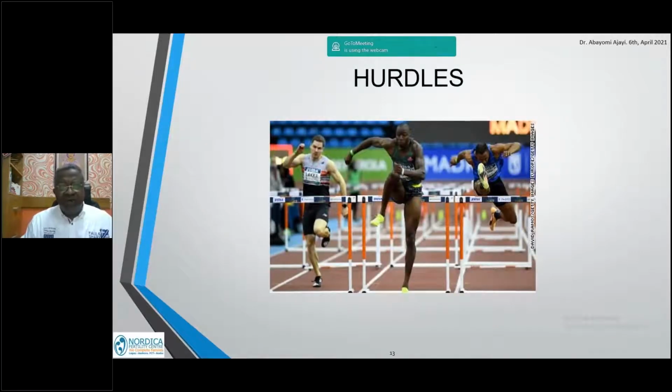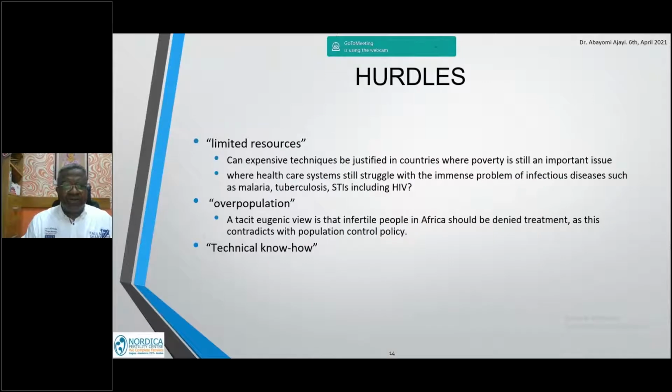So what are the hurdles that we need to cross? Mainly limited resources. It's so difficult sometimes to talk about these expensive techniques where poverty is an important issue. People are talking about, okay, how can government actually put money into this when tuberculosis and malaria are still killing our people? But of course, we know that the right to reproduce is a human right, and so we cannot neglect this.